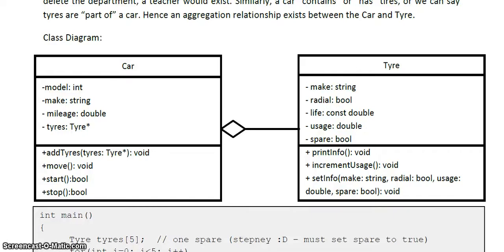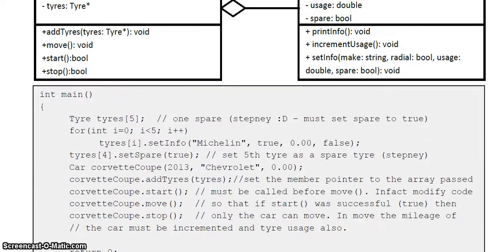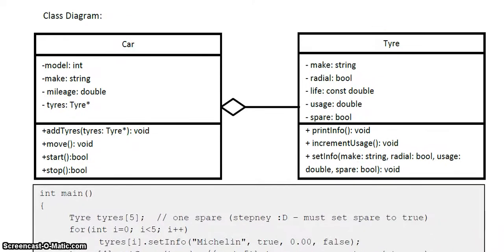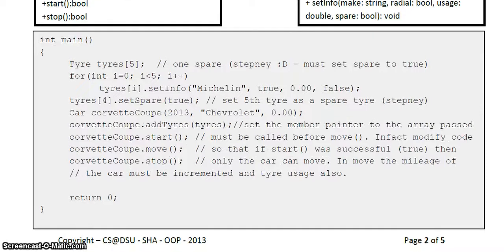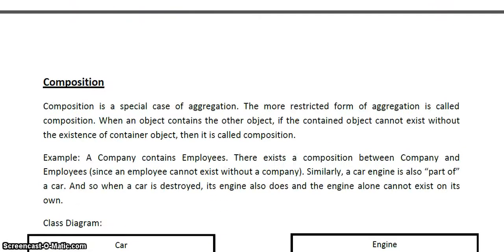Similarly, tire.h should include the definition of the class tire, and the tire class's implementation should be in tire.cpp. And then we should have a fifth file, for example, car driver or car client.cpp, which should include this main. All right, let's move forward.